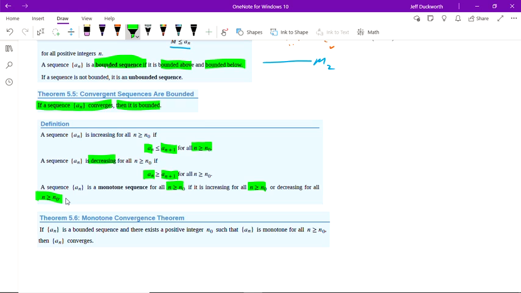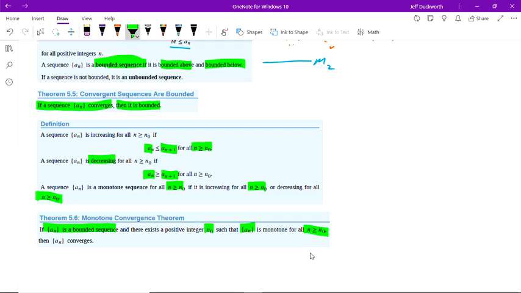And then finally, Theorem 5.6, the Monotone Convergence Theorem. If a_n is a bounded sequence and there exists some positive integer n_0 such that your sequence is monotone for all values above that, then it converges. Consider your n_0 similar to the capital N in the previous ones. We're going to pick a spot on the sequence, and it's going to work for everything after that.